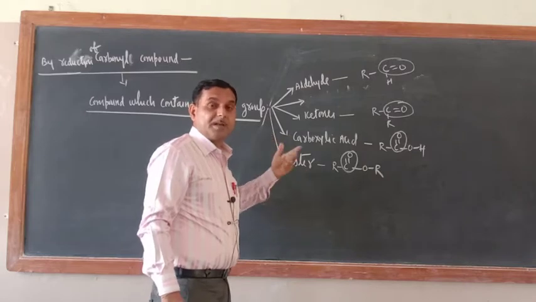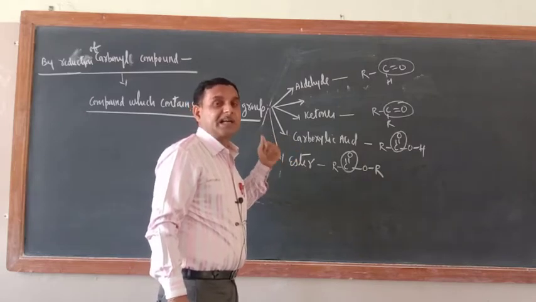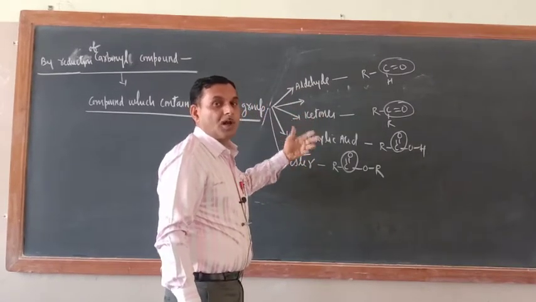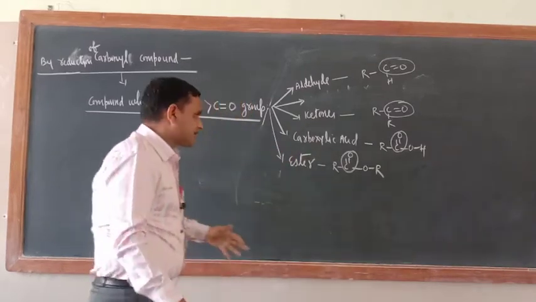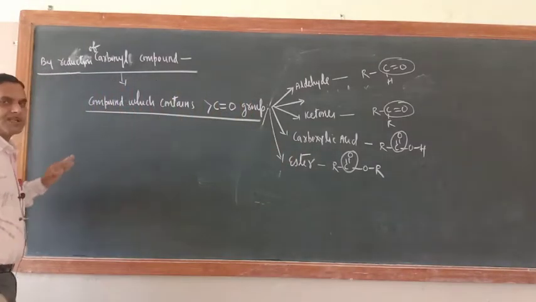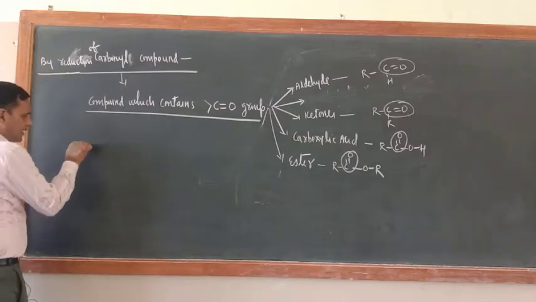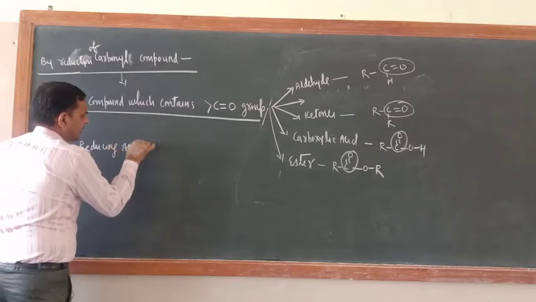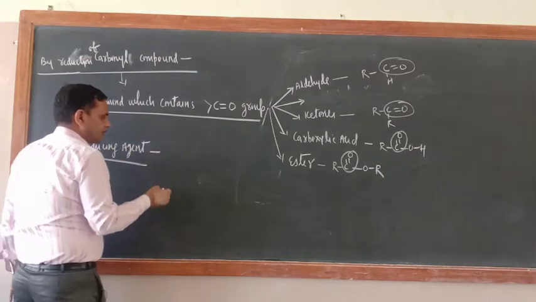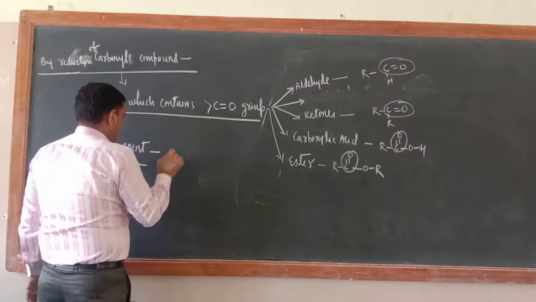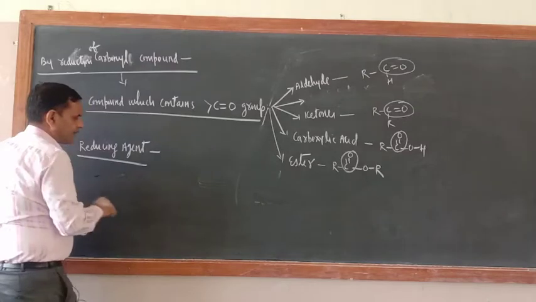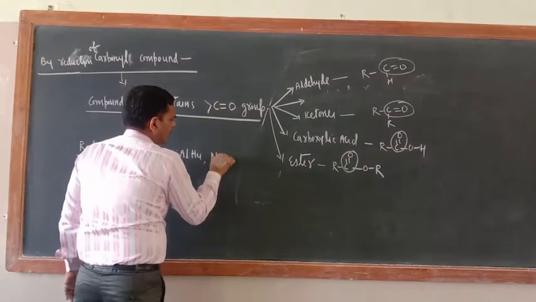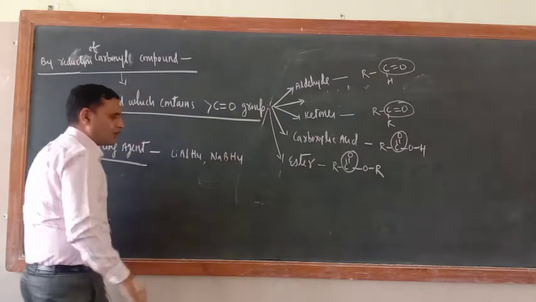What is the meaning of reduction? Addition of nascent hydrogen. If hydrogen is added, they will be converted into alcohol. How? That is the question. Reduction always takes place in the presence of a reducing agent. Reducing agents are lithium aluminium hydride and sodium borohydride.